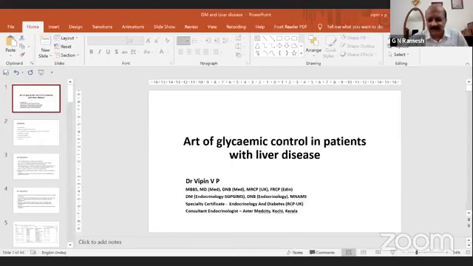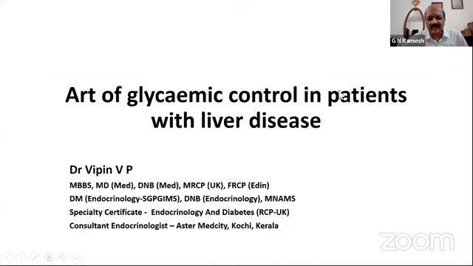Should we use conventional insulin? Should we use newer insulins? So it is over to Vipin, who is a consultant endocrinologist at Aster, my colleague at Aster, a very academic person. That is why we thought we'd get him in for this discussion, and he's going to talk to us about the art of glycemic control in patients with liver disease for 20 minutes.